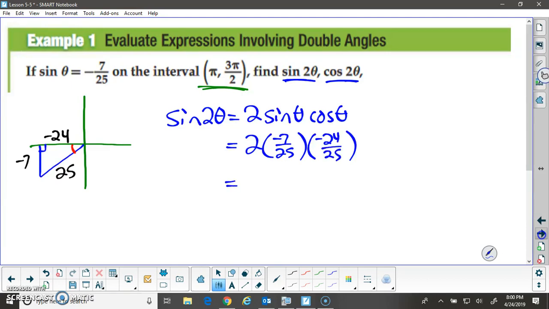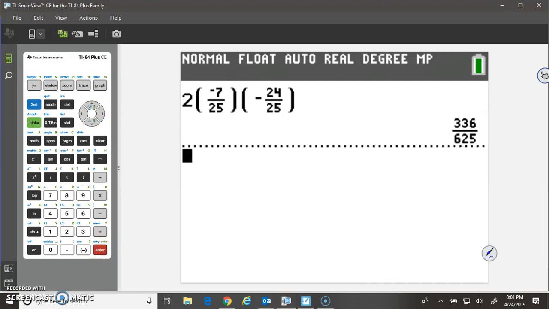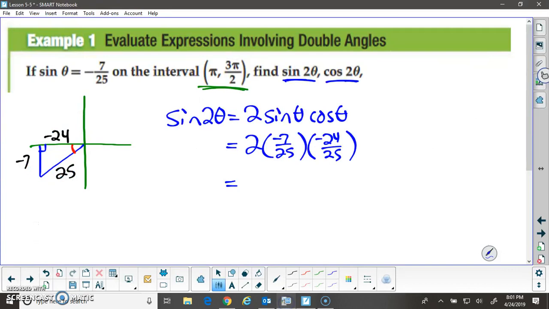And so then if we multiply each of these, we would get our value, which would be 336 over 625. So there's the sine of 2 theta.